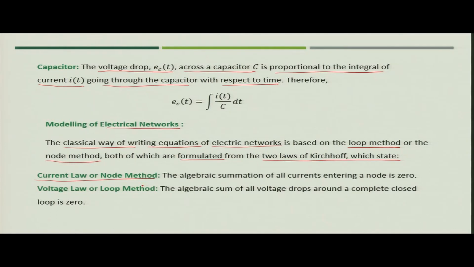The nodal method is based on Kirchhoff's current law, and it says that the algebraic sum of all currents entering a particular node is 0. Kirchhoff's voltage law is the loop method, in which the algebraic sum of all voltage drops around a complete closed loop is 0. So, these were the two major laws which we used in finding the governing equations for electrical circuits.